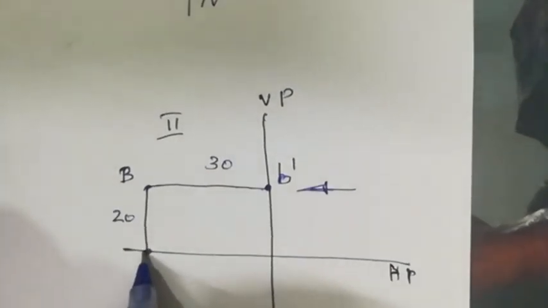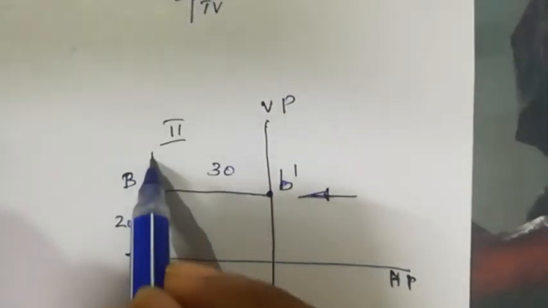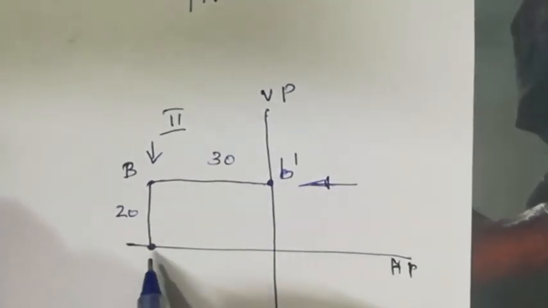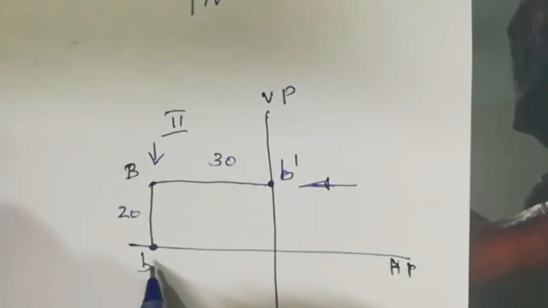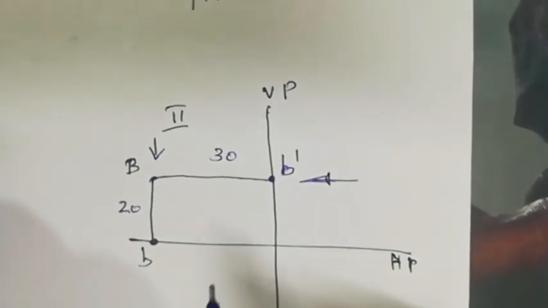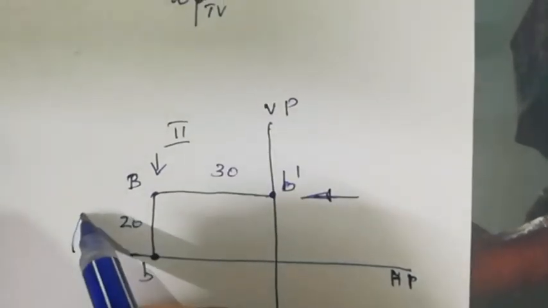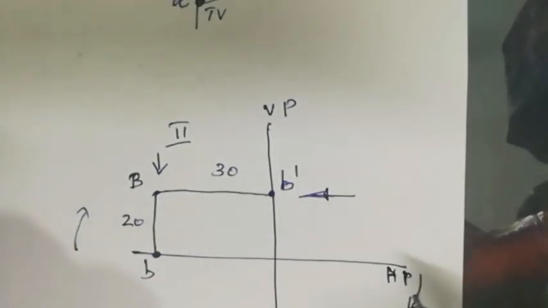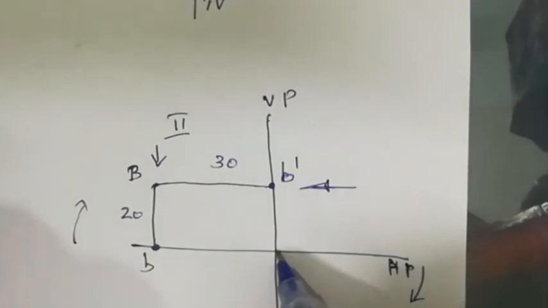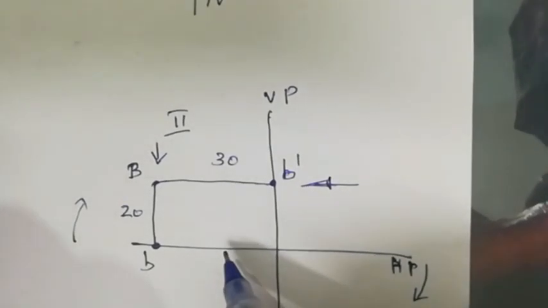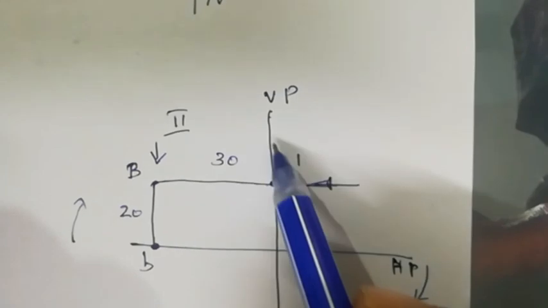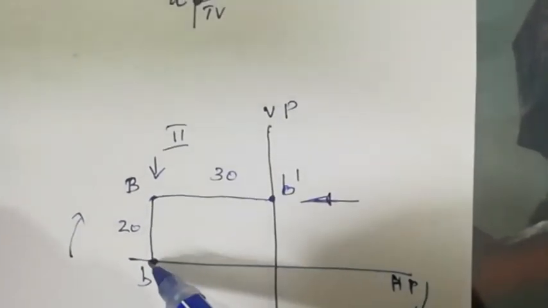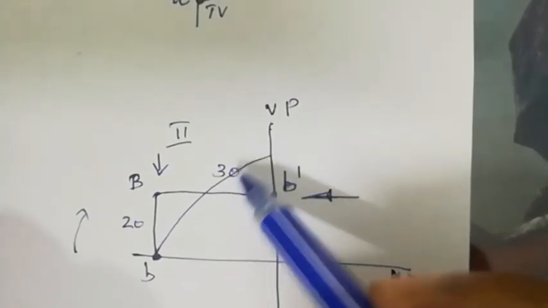Now the top is here. For obtaining the top view you have to look from the top, so it will be obtained here. So this B is the top view. But our rule is that after obtaining the top view on the horizontal plane, it has to be rotated in the clockwise direction. So the portion of the horizontal plane behind VP has to be rotated upward so that it may reach here.